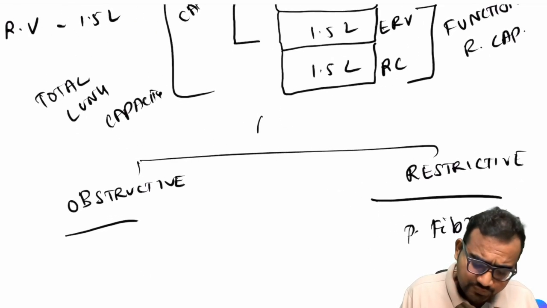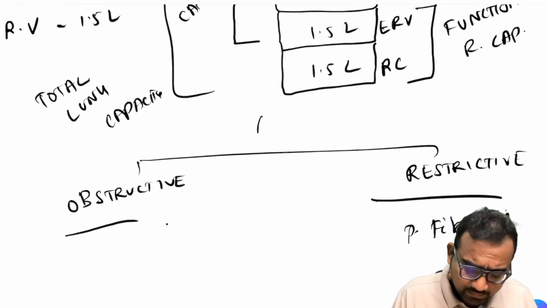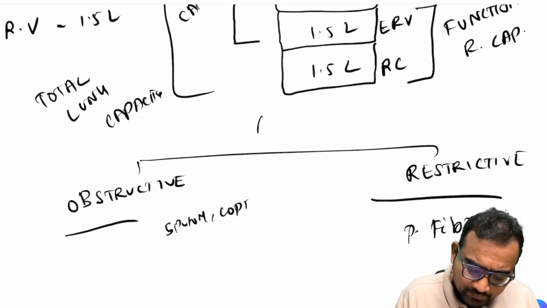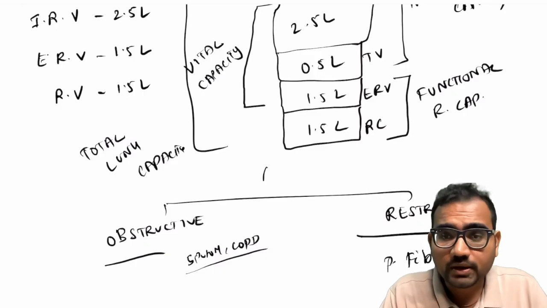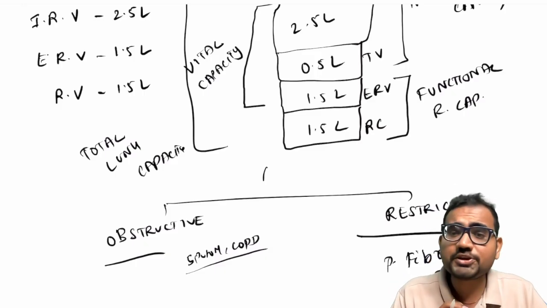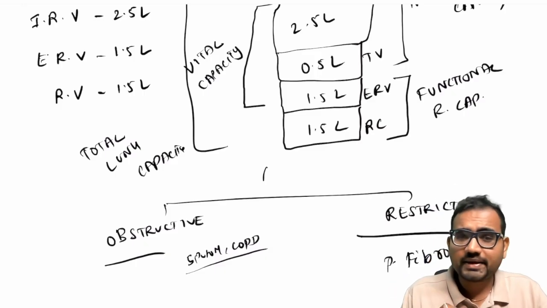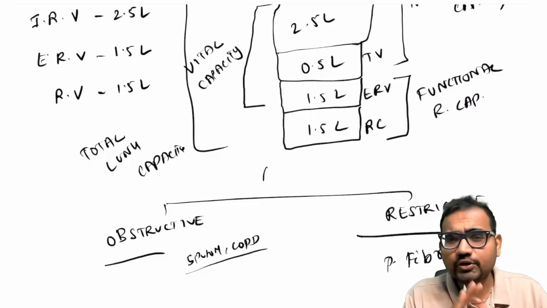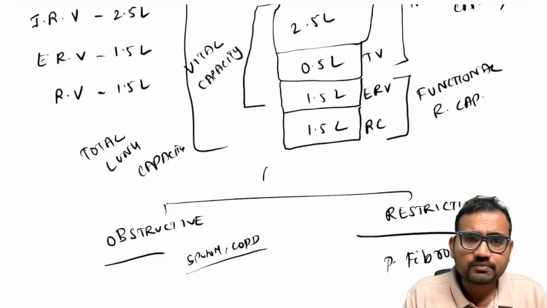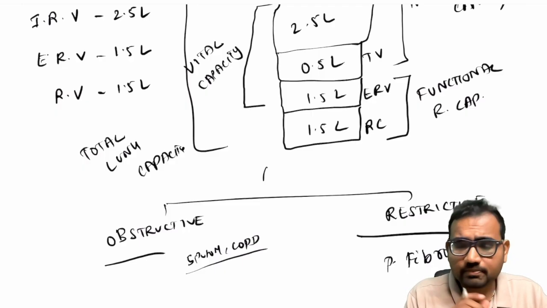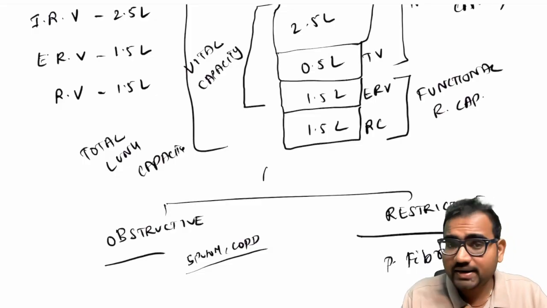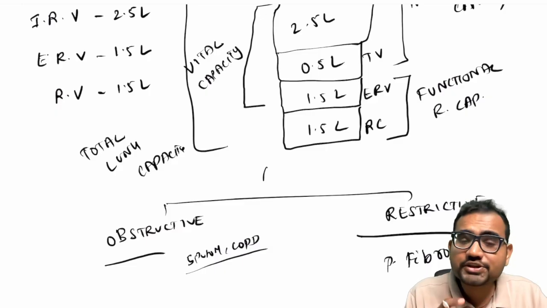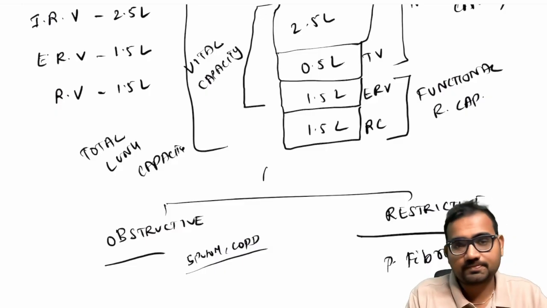Now, for example, in obstructive diseases, it can be asthma or COPD, whatever it may be. Here the inspiration will be normal. Why? Because inspiration is an active mechanism. In case of asthma or COPD or any narrowing of the bronchus, the inspiration will be normal as it is an active mechanism, but the expiration will be reduced.